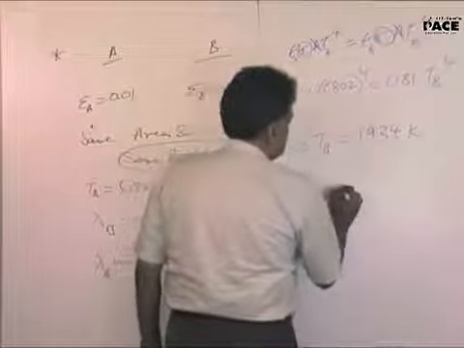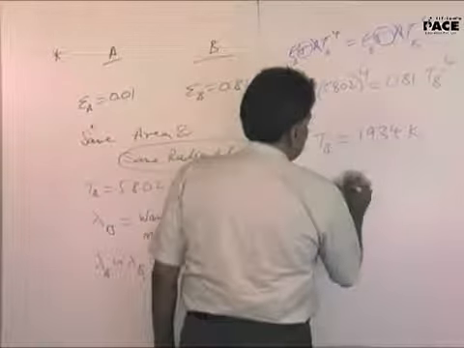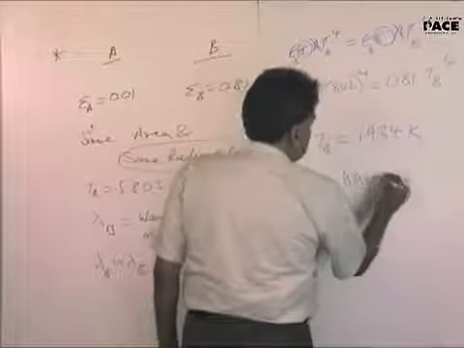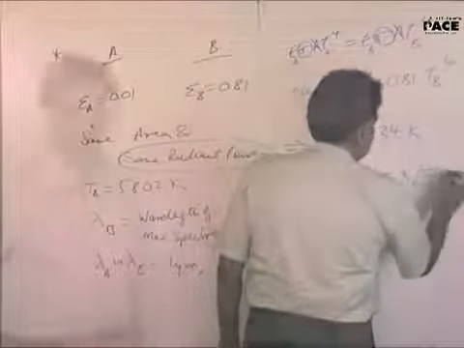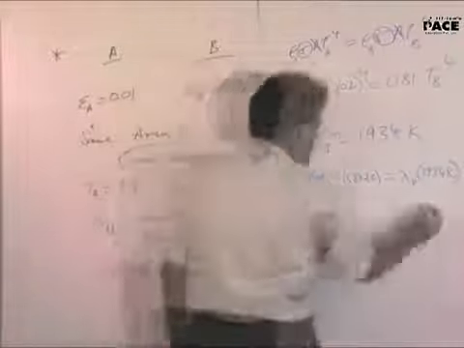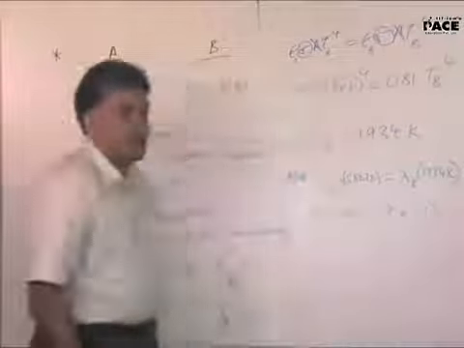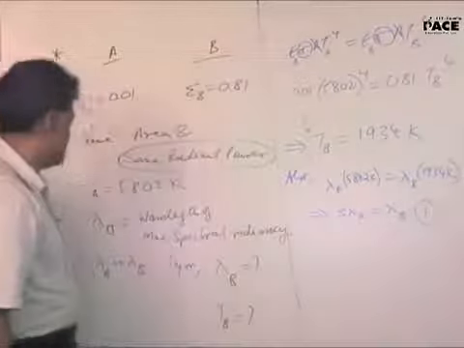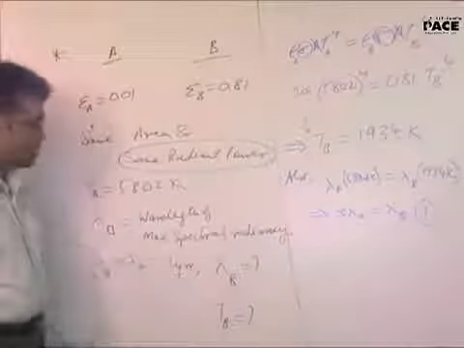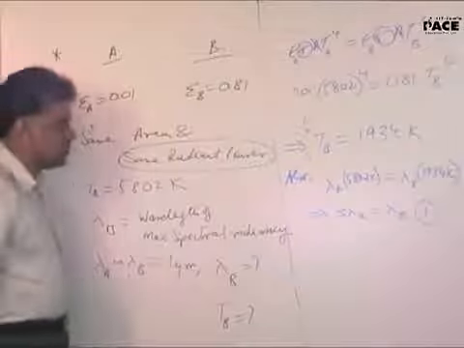Also, because of Wien's displacement law, lambda A TA will be equal to lambda B TB. So what does this mean? This is one equation, and this tells you that lambda B is bigger than lambda A. Here it's given that the difference is 1 micrometer. It's not given which is bigger, but now we know that this is bigger.